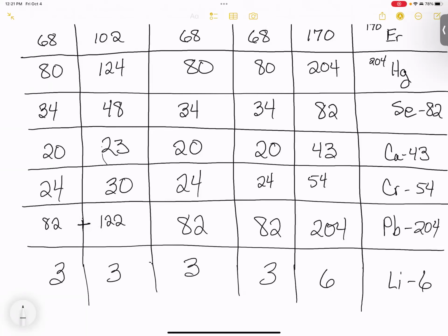I could ask atomic number, number of neutrons, number of protons, number of electrons, mass number. It doesn't have to be in this order. So don't get in the habit of going, oh, well, the first, third, and fourth column are all going to be identical. That may or may not be true. You've got to know your terminology.